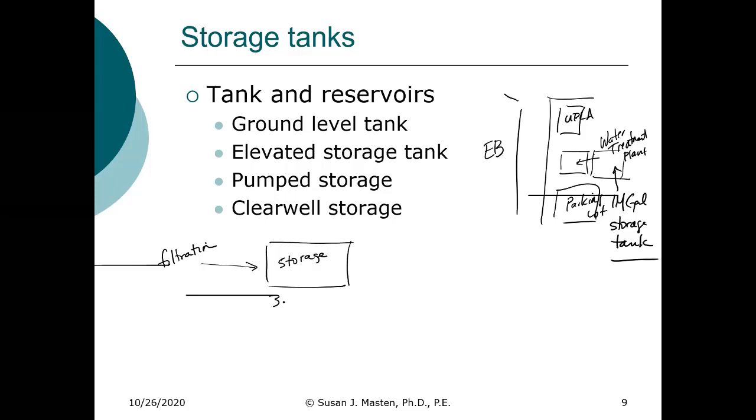In Flint, this was a 3 million gallon tank. This is used for contact disinfection. So it provides storage, but it also provides volume and detention for disinfection contacting.